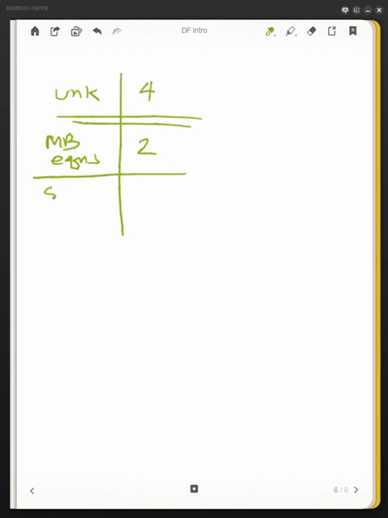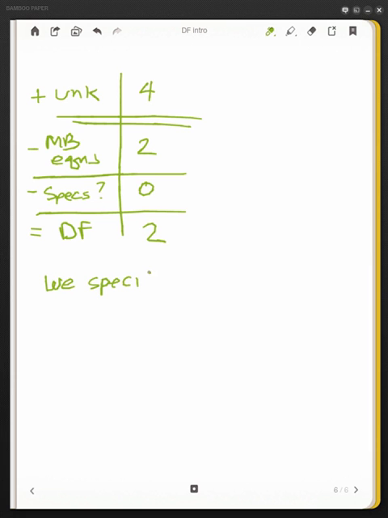I didn't actually give any specifications this time. So the degree of freedom in this case would be 4 minus 2 minus 0, so it's 2. So what that means is if we specify 2 unknowns, we can solve for the rest.